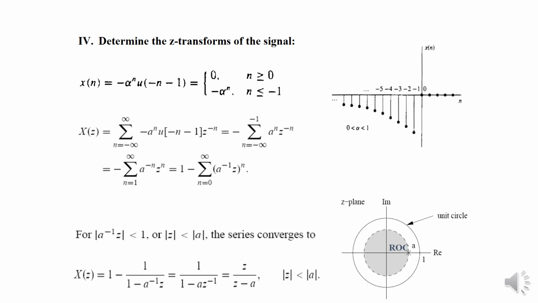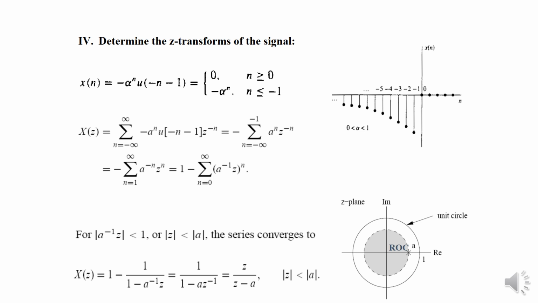Then take a look at the convergence marked on the z plane. In the z plane, you can see I have drawn magnitude of z equal to magnitude of a, a circle, and the region of convergence is magnitude of z less than magnitude of a. Therefore, that is the interior of the circle.